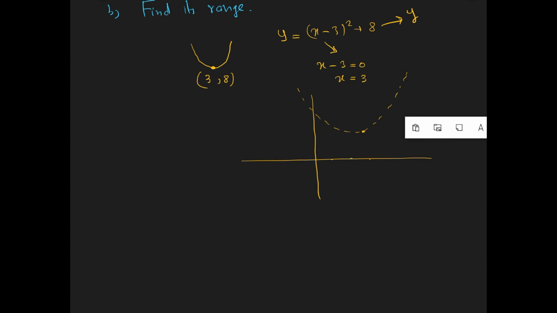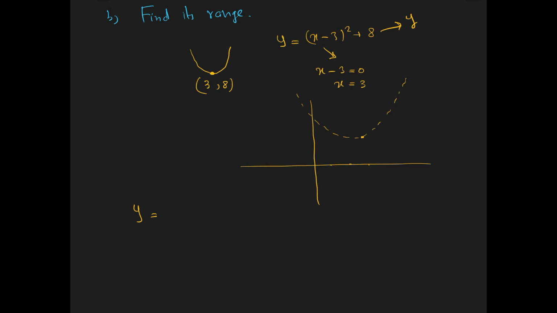Now we need to work out the range of this function. So our function is y is equal to (x minus 3) whole squared plus 8, and the function is defined for x less than or equal to 9 and greater than or equal to minus 1.